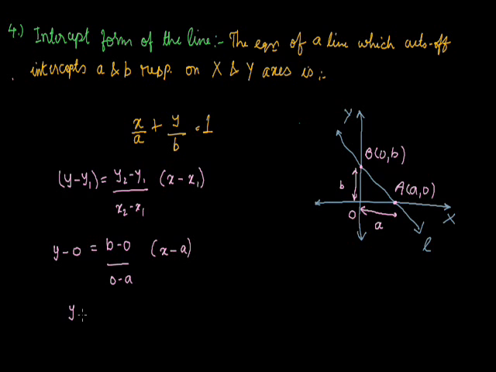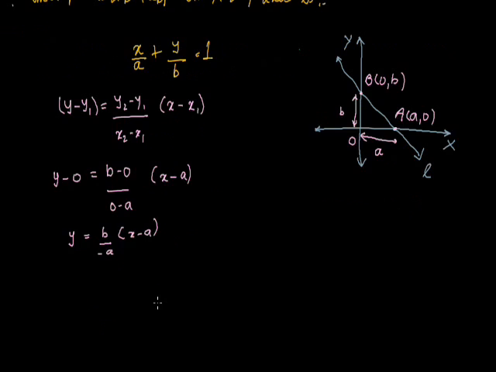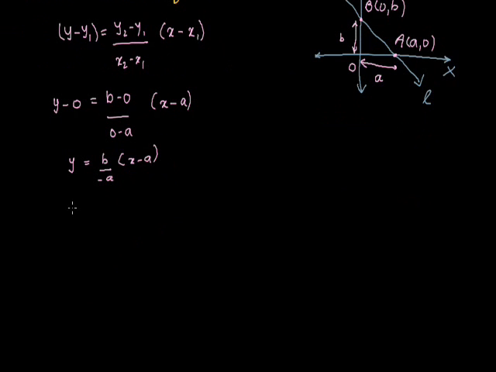So I'll get y is equal to b upon minus a of (x minus a). To further evaluate and cross multiply, I'll get minus a of y is equal to, I'll open the bracket over here on the right hand side, I'll get bx minus ab.